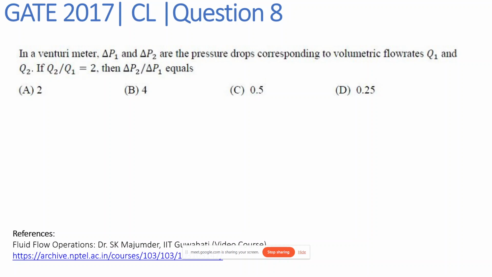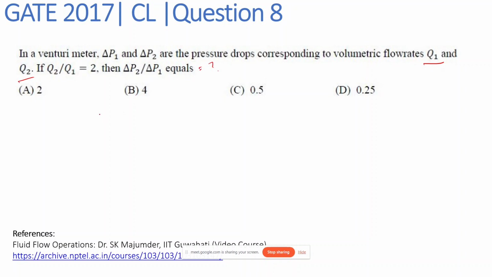Now again, let us take a look at the next question. This is question number 8 from the GATE 2017 chemical engineering paper. In this question, we have been given that in a venturimeter, delta P1 and delta P2 are the pressure drops corresponding to volumetric flow rates Q1 and Q2. If Q2 by Q1 is equal to 2, then delta P2 by delta P1 is equal to what?